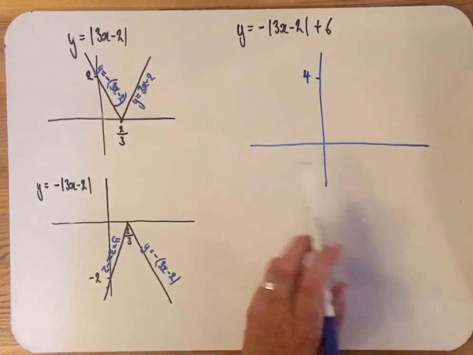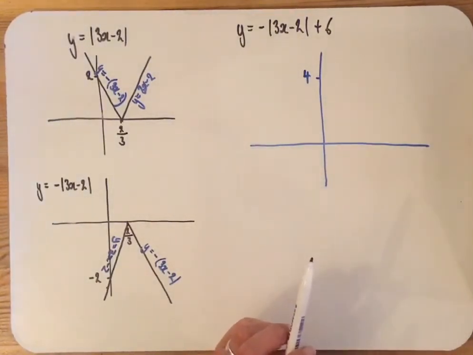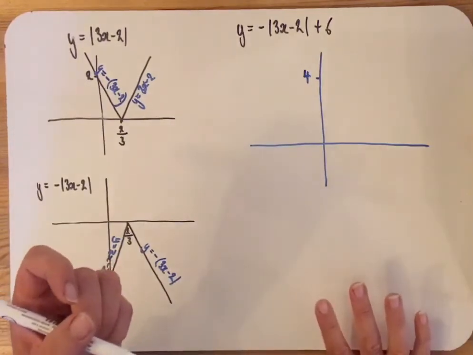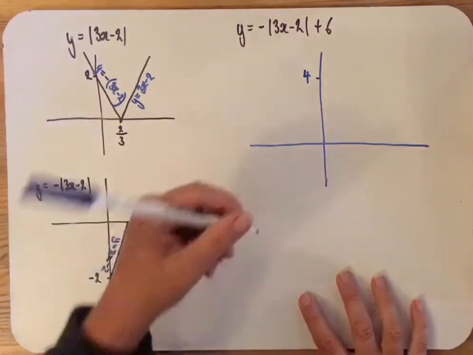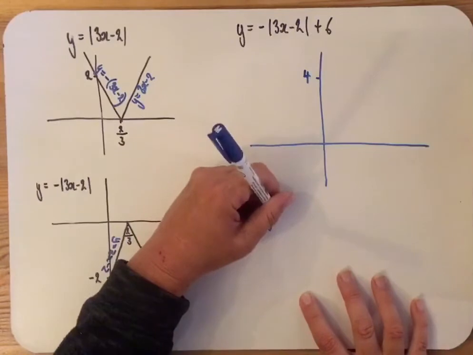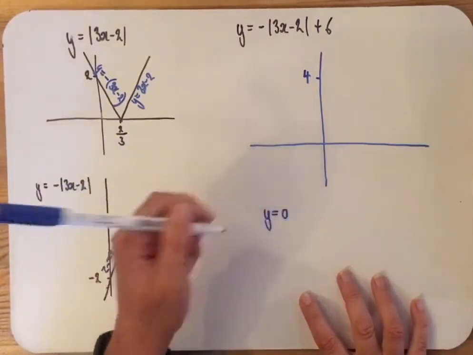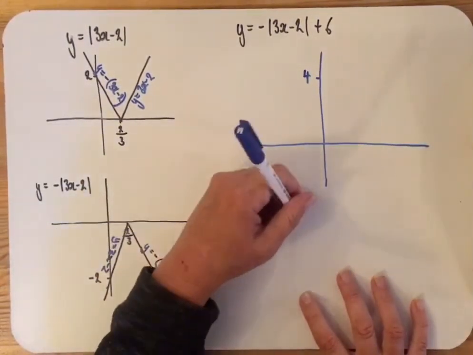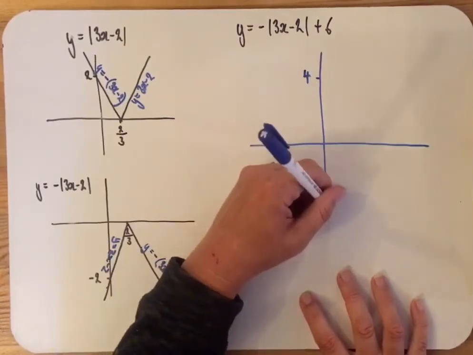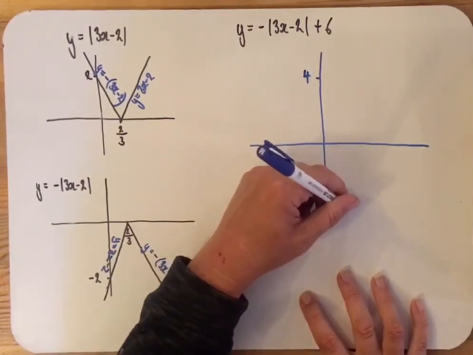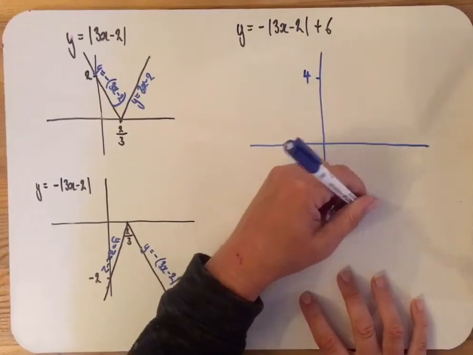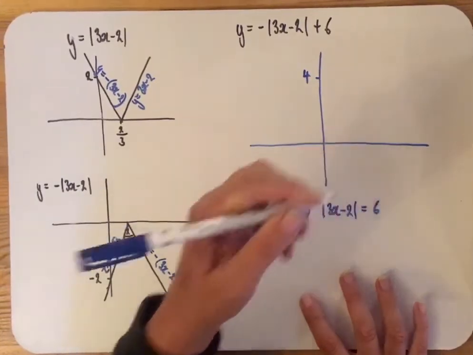If you wanted to put your x-axis intercepts on next, then we're letting y equal 0. So when y is equal to 0, to find where it's crossing the x-axis, modulus of 3x minus 2 will equal 6.